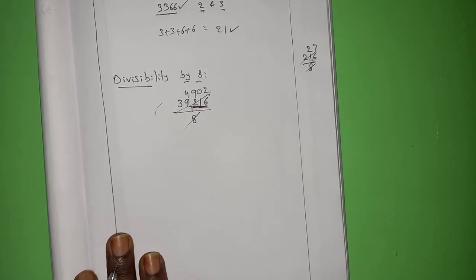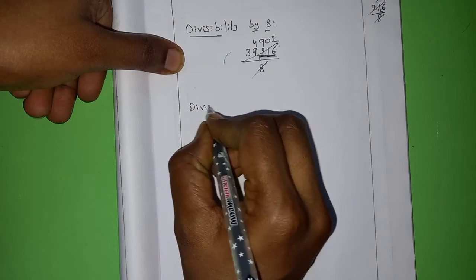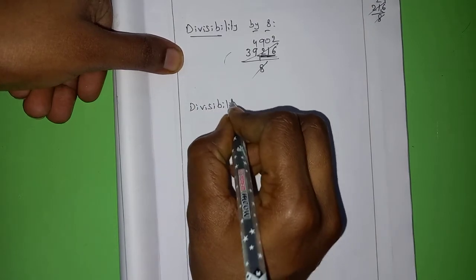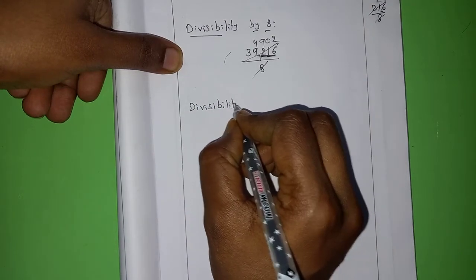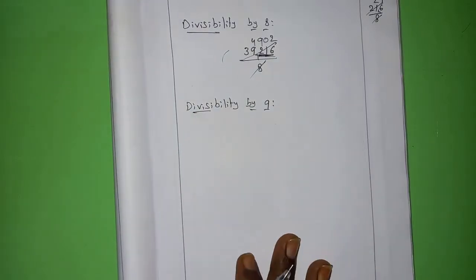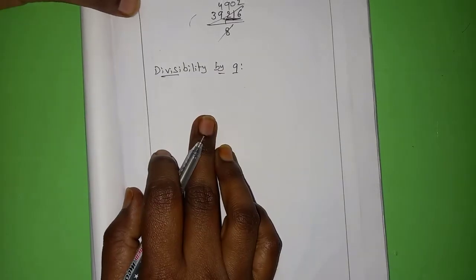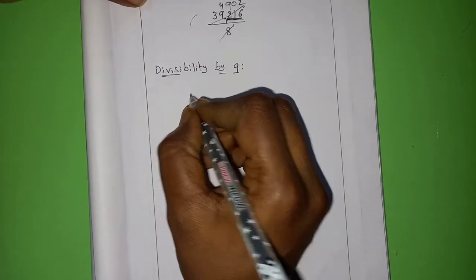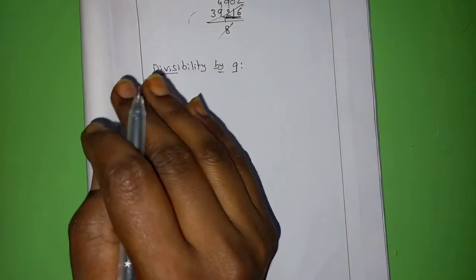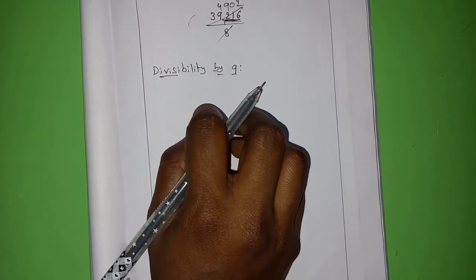Next one. Divisibility by 9. This is something like 3 only. But here, for 3, when you add all the numbers, the result should be multiple of 3.